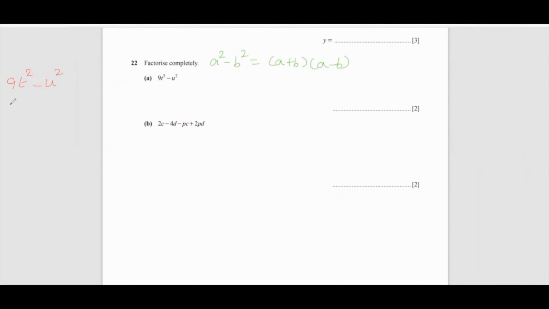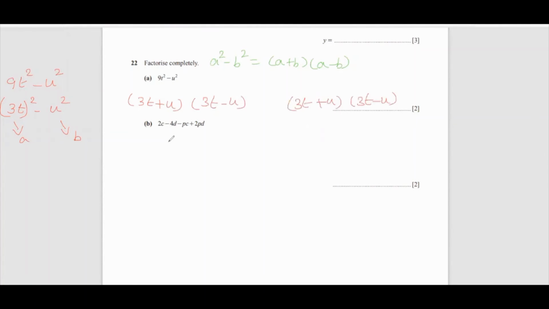This 9 can be written as 3 times 3, so let me write it as 3t the whole square minus u square. Let's apply the rule a plus b times a minus b. Instead of a, I have 3t, and instead of b, I have u. You just replace over there: 3t plus u, then 3t minus u. This is my answer.